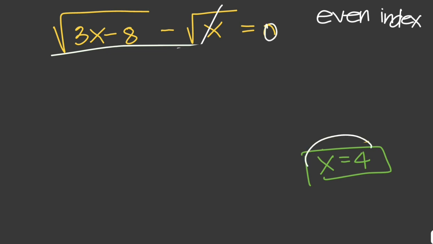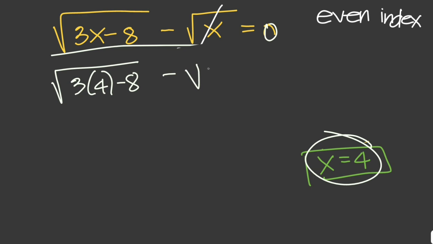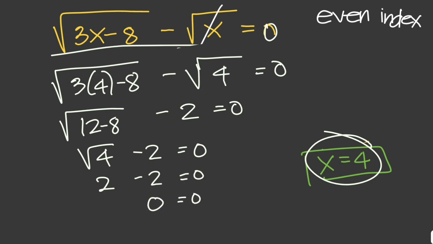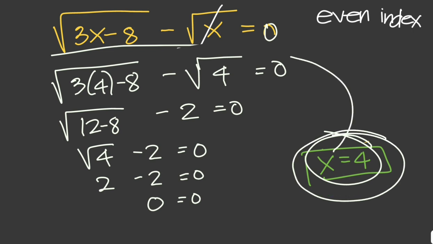So that would be square root of 3 times 4 minus 8 minus square root of 4 equals 0. So this is square root of 12 minus 8 minus square root of 4, which is 2, equals 0. And 12 minus 8 is 4, so the square root of 4 is 2. Then this is 2 minus 2 equals 0. 0 equals 0. Alright, both sides are equal. So that means x equals 4 is a solution to the given problem.